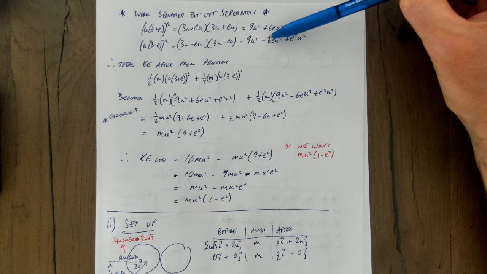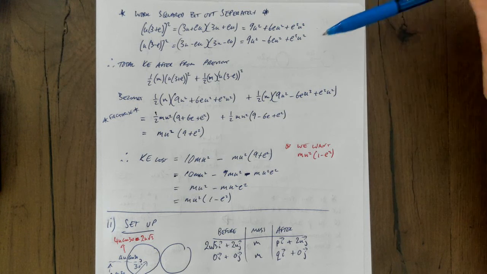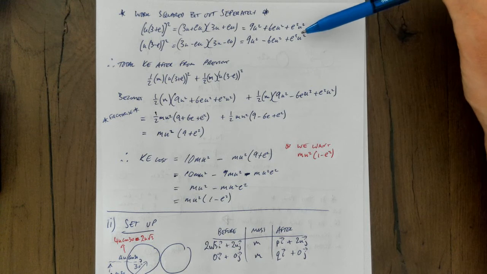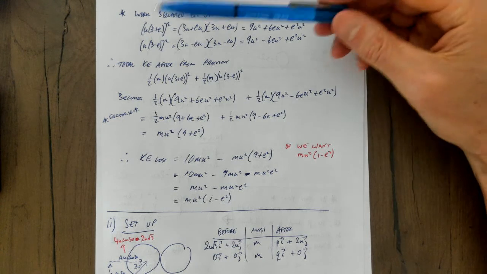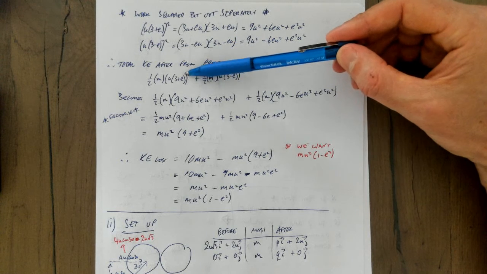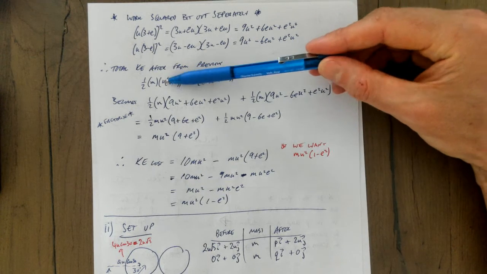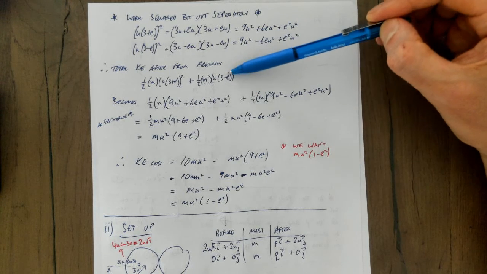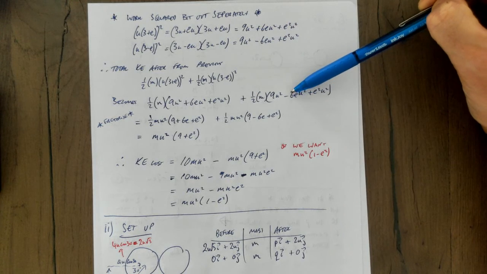So just be careful, because this is where mistakes happen. We've seen this before already in the course, okay? When we do the hard work, we just have to be careful when we multiply out. So from the previous page, this is what we had, okay? I'm now saying that this is equal to that, so I'm going to sub it in. I'm saying this is equal to that, so I'm going to sub it in.